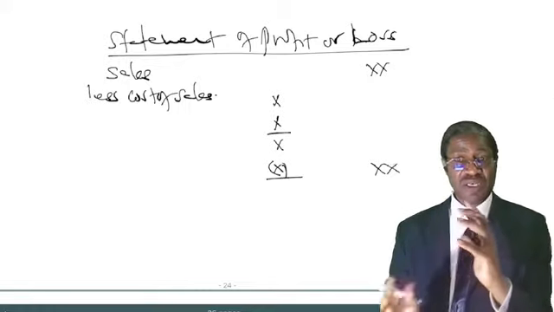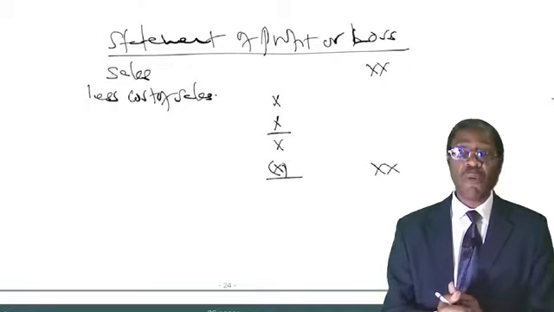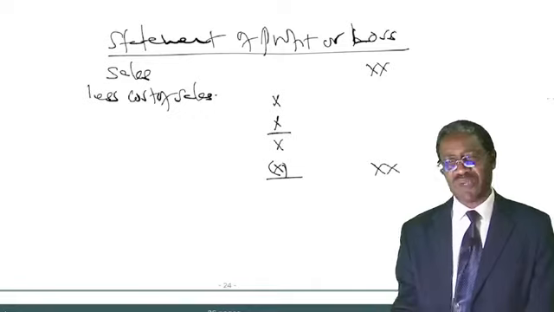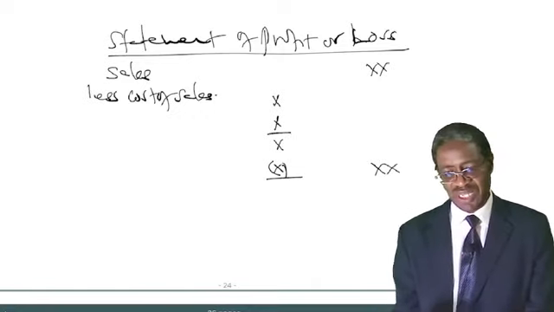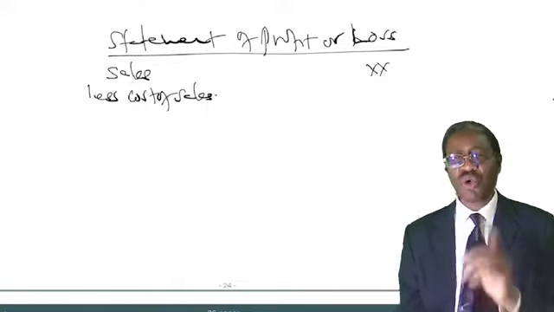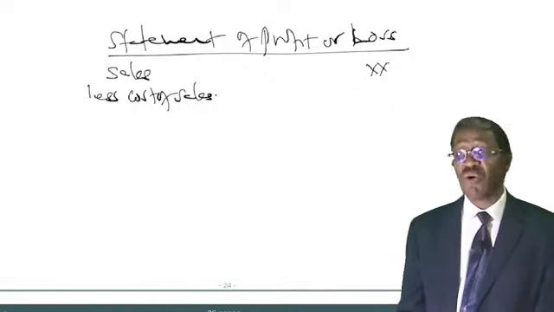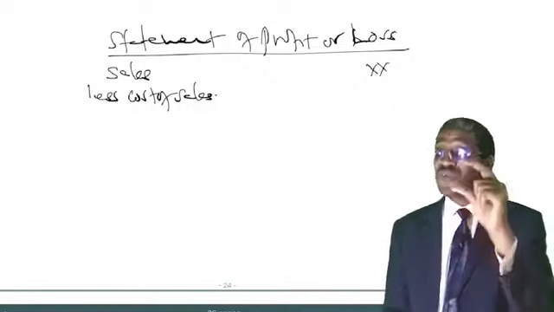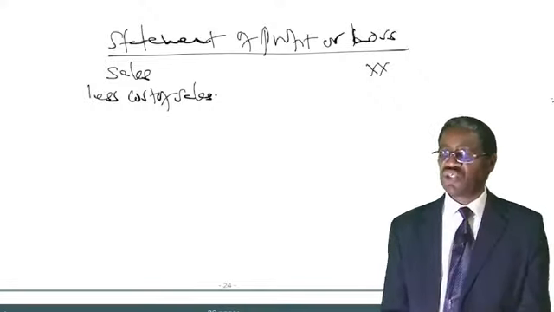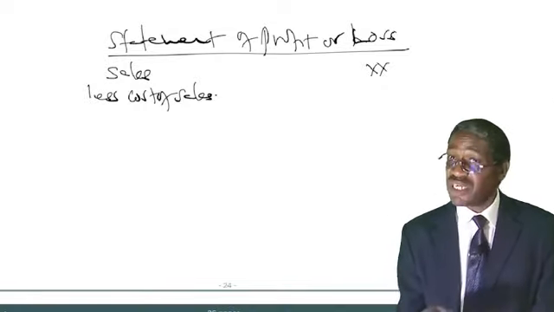So that is how you used to do in financial accounting. But now, when you are required to do this income statement for publication purposes, the rule is this. You do not show the workings of the cost of sales on the face of the income statement.